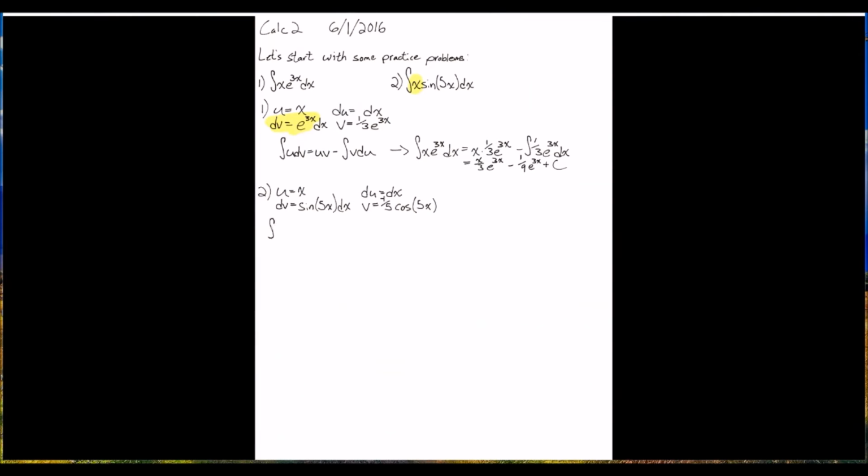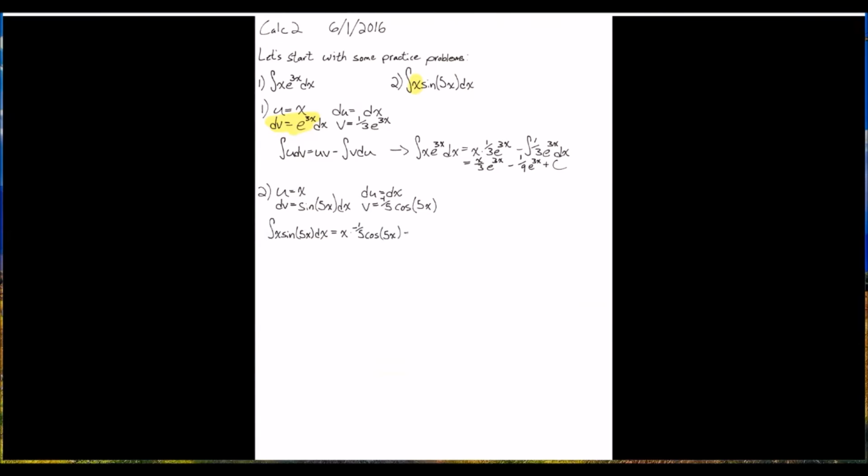So we can go ahead and start finding what our integral is. We can go ahead and write this integral. And of course, this is going to be equal to, now we've got our uv term, which is x times this negative 1/5 cosine 5x. Right?